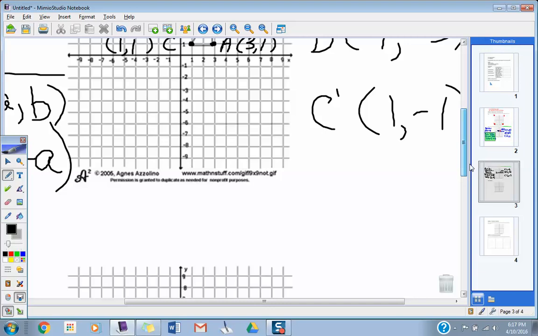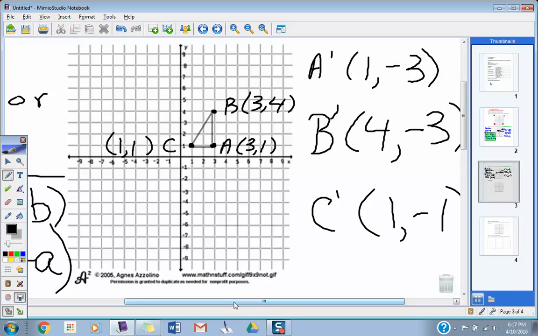So the points that we had were 1, -3, right 1, down 3. 4, -3, or right 4, down 3. And then finally, right 1, down 1. And if you draw the figure here, folks, there's where your image figure falls right there.